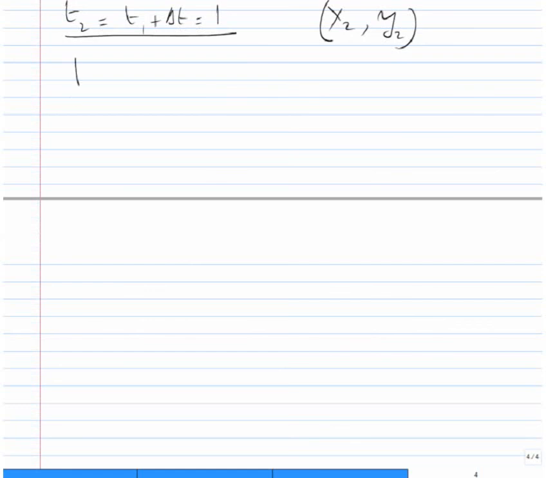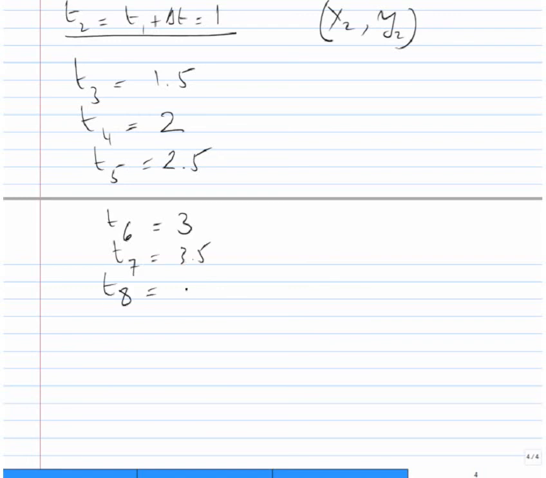So t3 is going to be 1.5, t4 is going to be 2, t5 2.5, t6 equal 3. And the question was, what happened at t equal 4? So we need to go all the way to t7 3.5, t8 equal 4, and that will give you x8, y8.